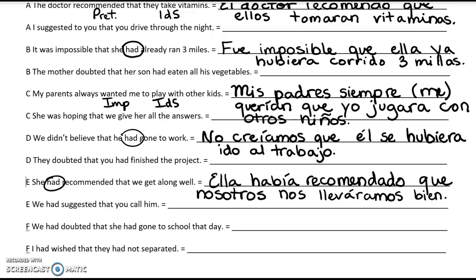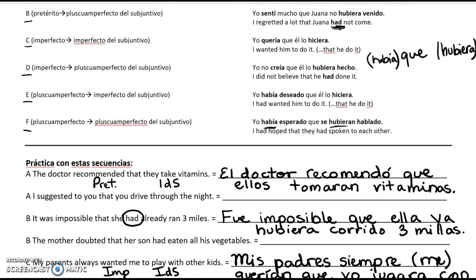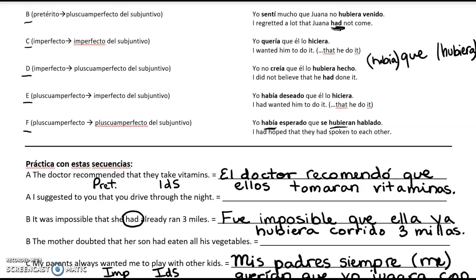And the last one. This one has two hads. Had doubted and had gone. Okay, so remember the little thing we wrote up here. So in front of the K, use había. The had's after the K, hubiera. I should have included that.